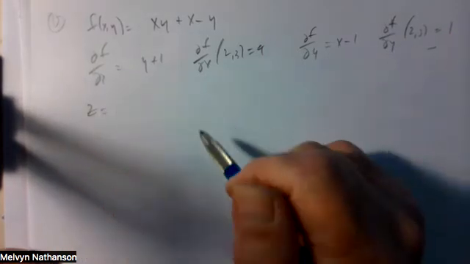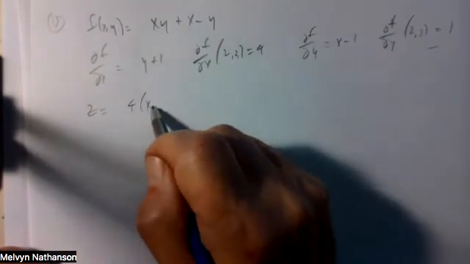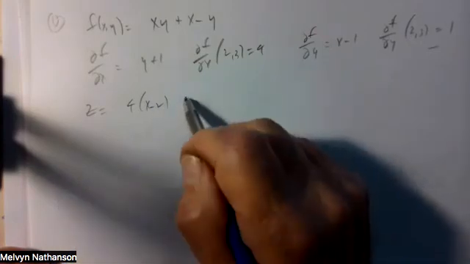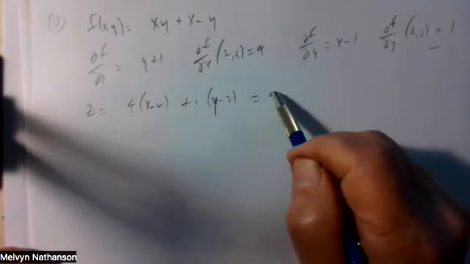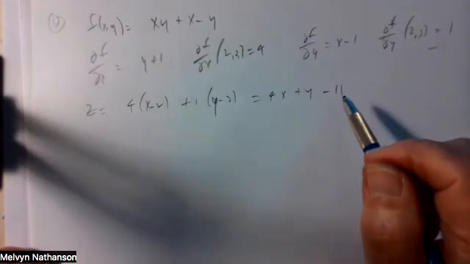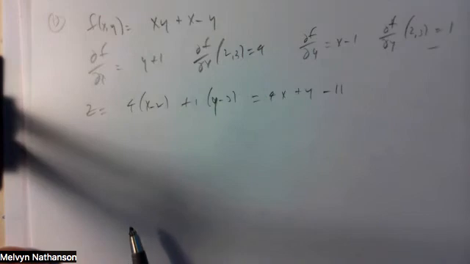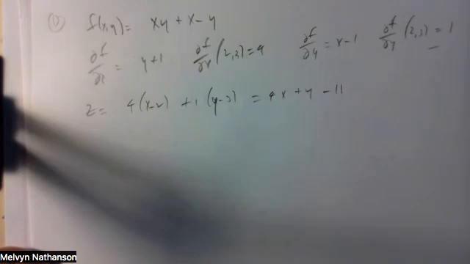So my tangent plane is z equals 4 times (x minus 2) plus 1 times (y minus 3), which is 4x plus y minus 8 minus 3, minus 11. Oops, sorry.